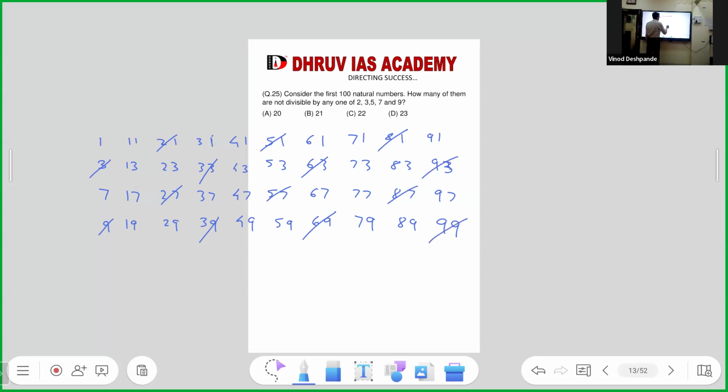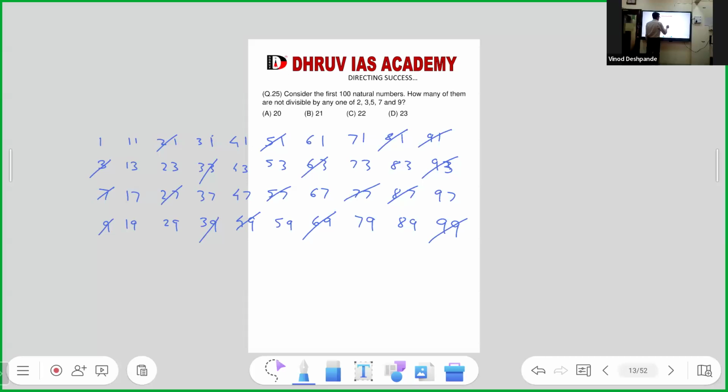Up to this stage, we have ruled out all the numbers divisible by 2, 5, 3 and 9. Now what remains to be struck out are numbers divisible by 7. So, coming to this, it is 7, then 77 and 91.